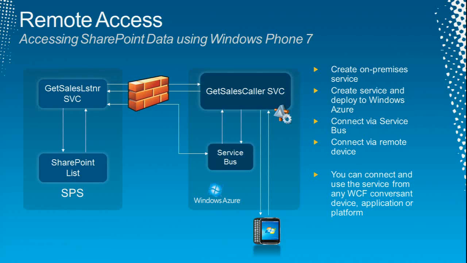On my local SharePoint instance, I'll have a service host running, and it's a listener service. You know that now you can deploy a WCF service into Windows Azure. That's going to be my calling service. Windows Phone will call the WCF service, which will then call the listener service and grab the data from the SharePoint list. That's the design of what we're going to do.